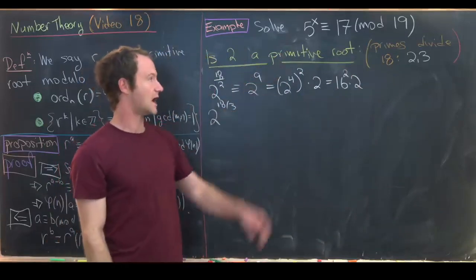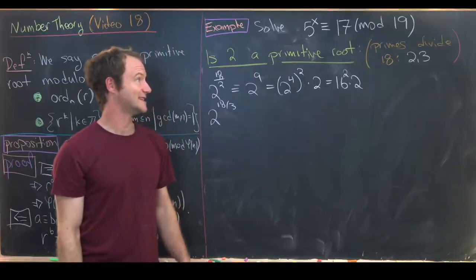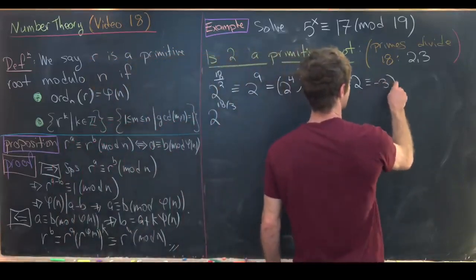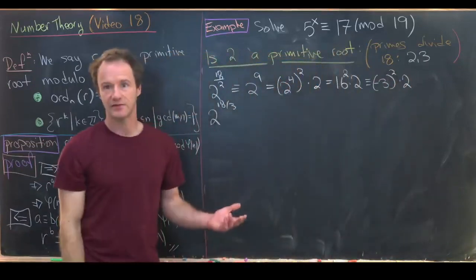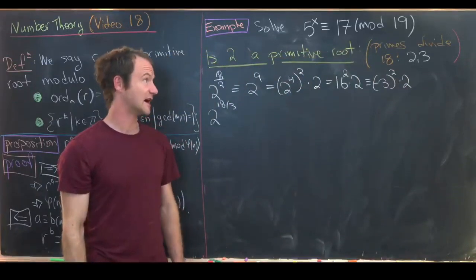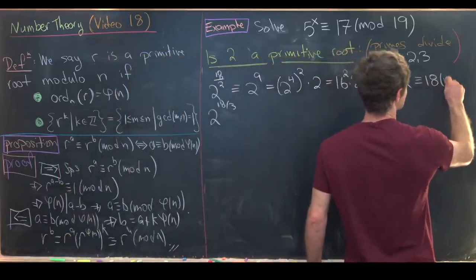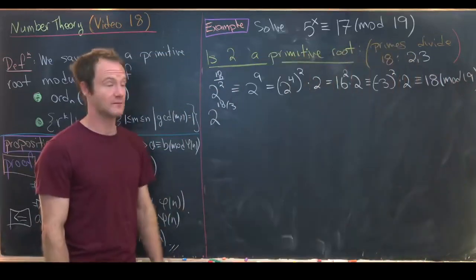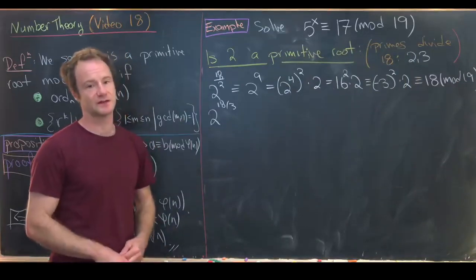But we're working mod 19, so let's recall that 16 mod 19 is -3. So this is -3 squared times 2. -3 squared is 9, times 2 is 18. So this is 18 modulo 19. But that is not 1 mod 19, so the chance of 2 being a primitive root is still alive.